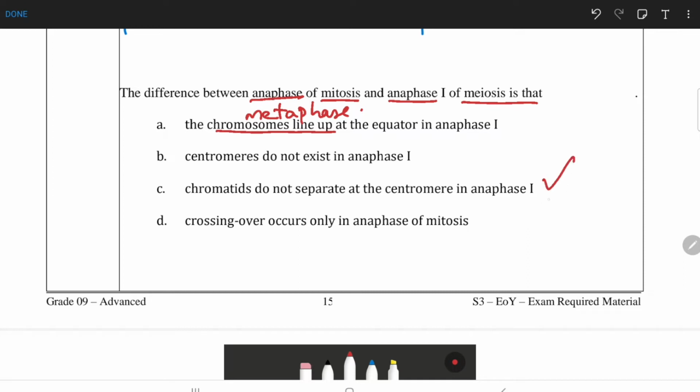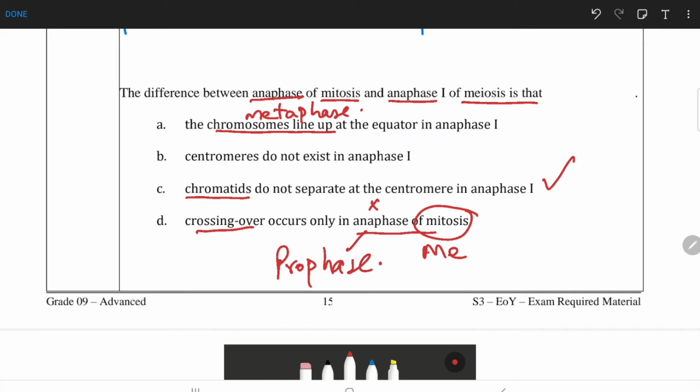Yes, that's true, because chromatids don't separate; the whole chromosome moves from one pole to the other. And crossing over occurs in anaphase of mitosis. No, sorry, this should be prophase, because crossing over takes place only in prophase, and it should be meiosis, not mitosis.